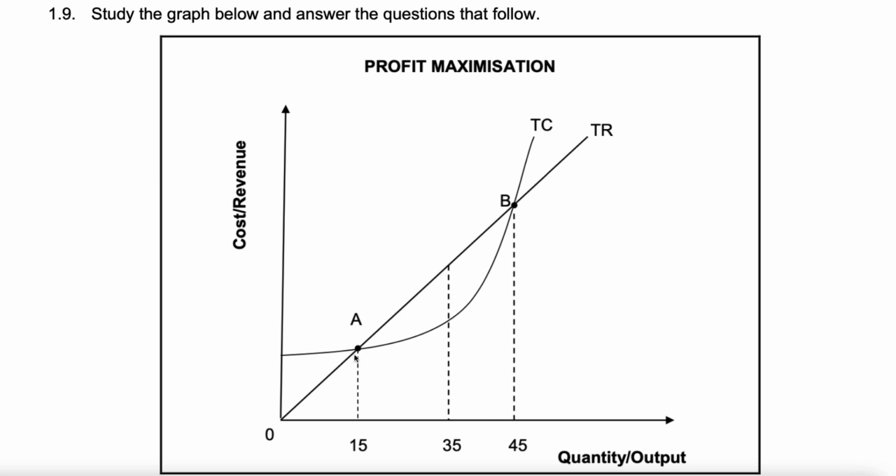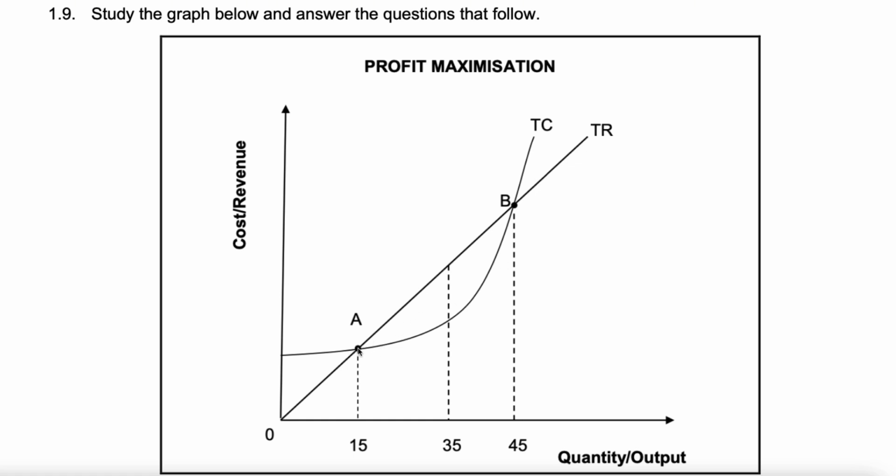Another thing we see here is, as we get to point A, we are breaking even now. Our total cost and our total revenue are equal. Okay, now as we increase output, we begin to have a situation where we start making a profit. So from A to B, we see that we are making a profit. Why?